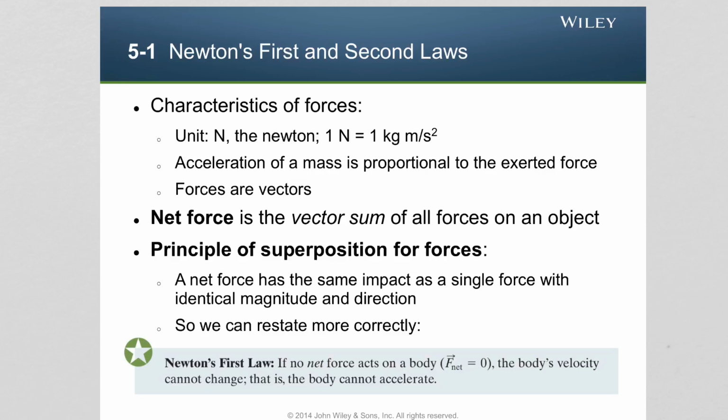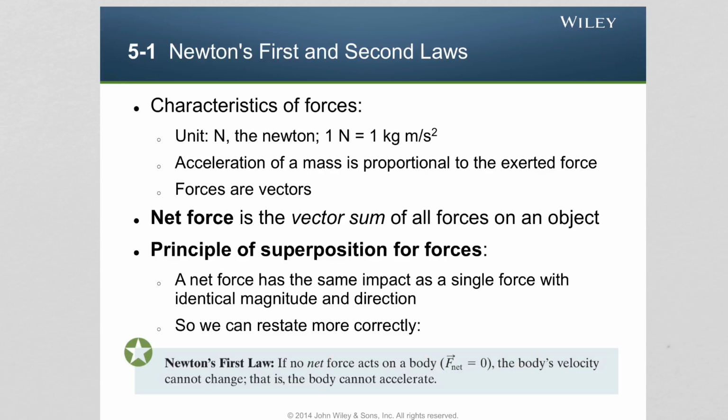Another characteristic of force is that acceleration of a mass is proportional to the exerted force. And since force was defined as a push or a pull, which indicates direction, forces are vector quantities. So forces have magnitude and direction associated with them.